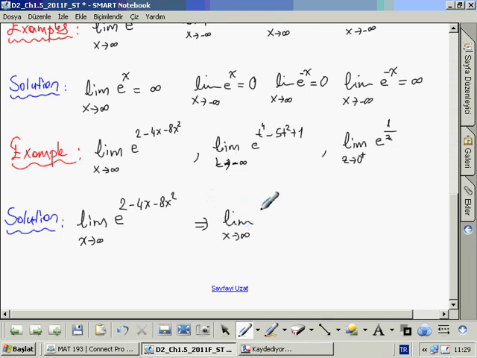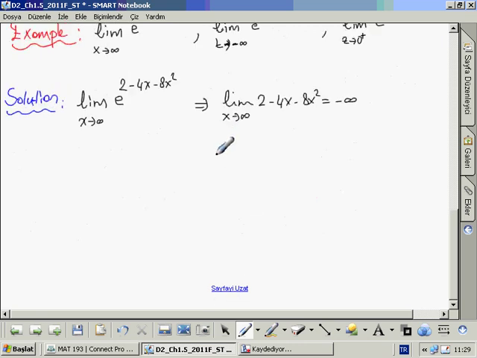The limit as x goes to infinity of 2 minus 4x minus 8x squared is minus infinity. So the limit as x goes to infinity of e to the 2 minus 4x minus 8x squared: the exponential must go to 0.